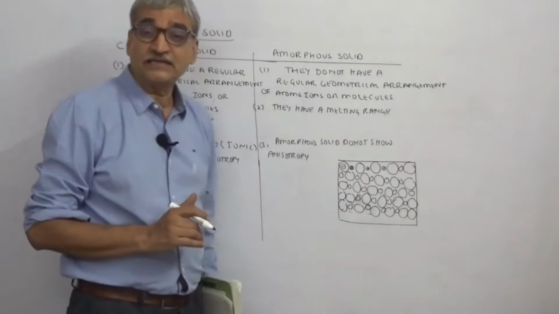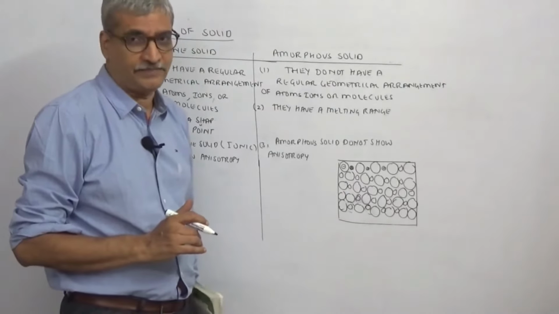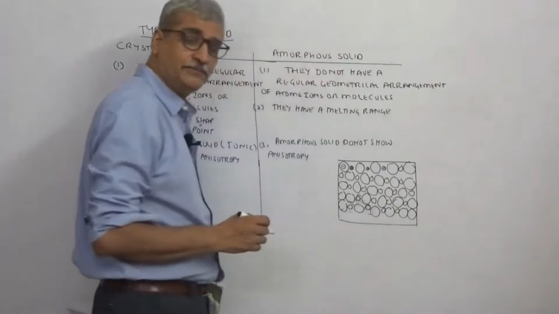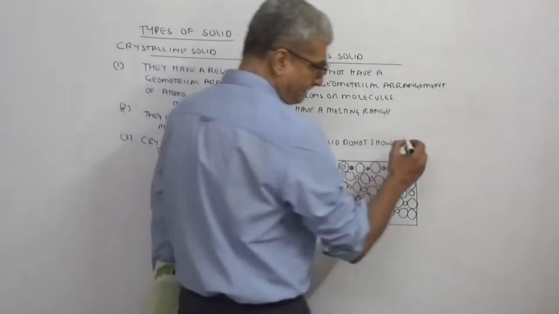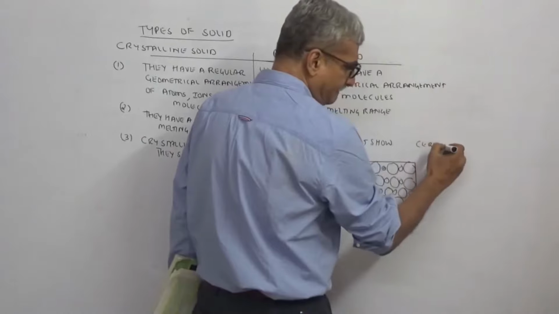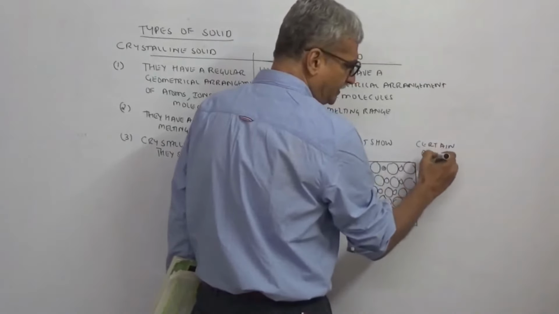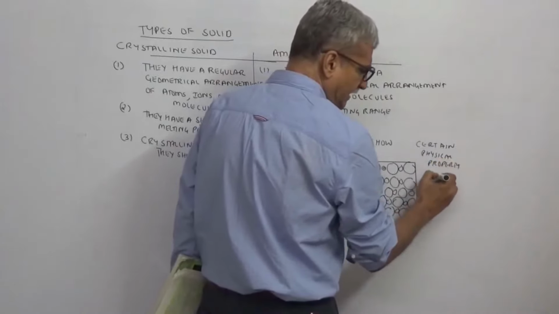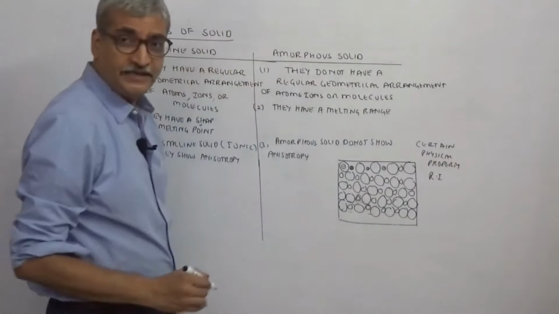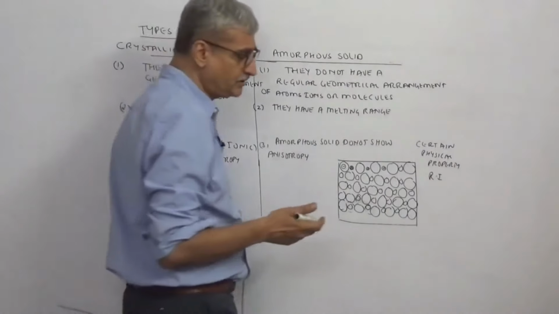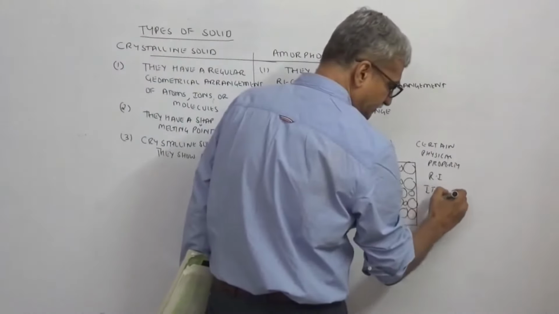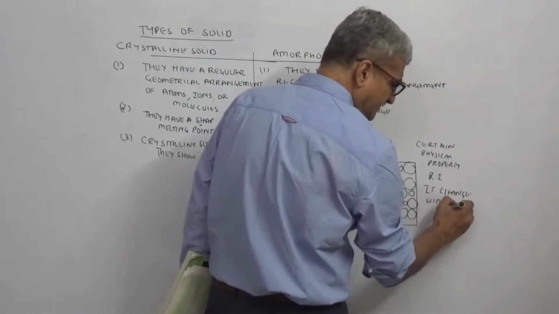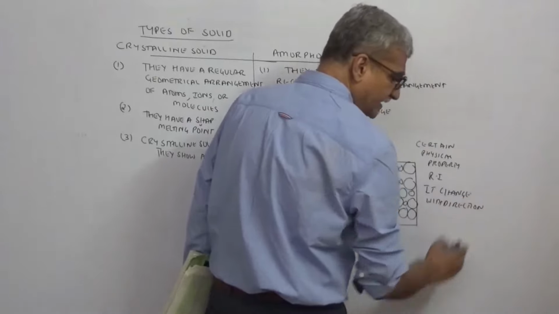So when we look at a crystalline ionic compound, certain physical properties like refractive index, RI, change with change in direction. It changes with direction. Same substance but changes with direction.